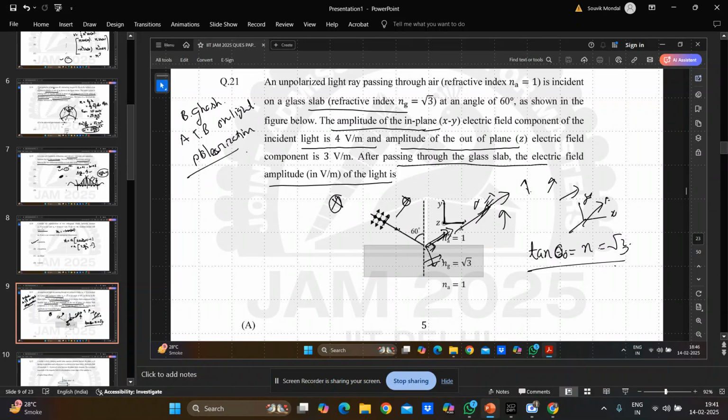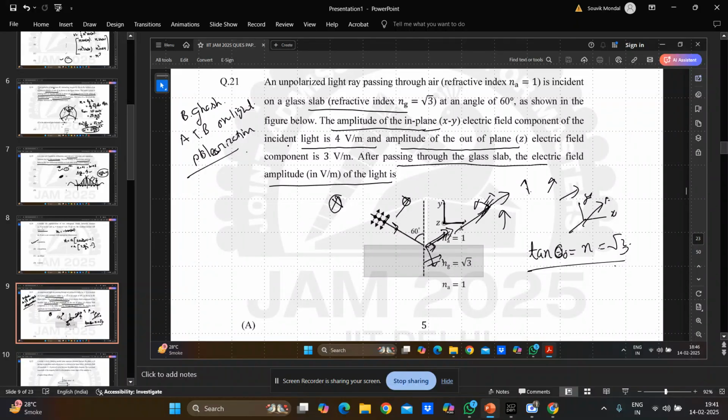In the incident light there are both parallel and perpendicular components. When it is incident at Brewster's angle, the reflected ray only consists of the perpendicular component of the electric field, and the refracted part only contains the parallel component of the electric field.